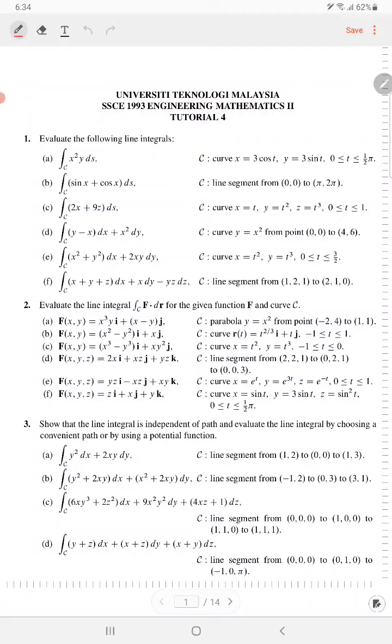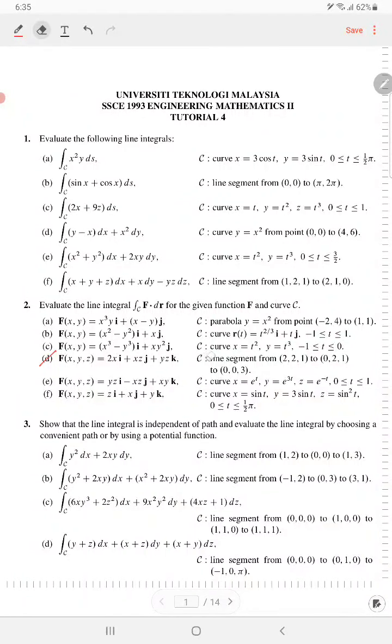I want to show you another example. Let's look at question number 2, item D, where you have vector field F equal to 2xi plus xzj plus yzk, and we want to evaluate the integral of F dot dr over curve C, where curve C is the line segment from 221 to point 021 to 003.